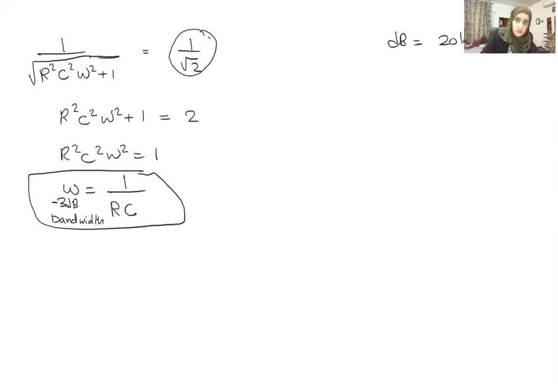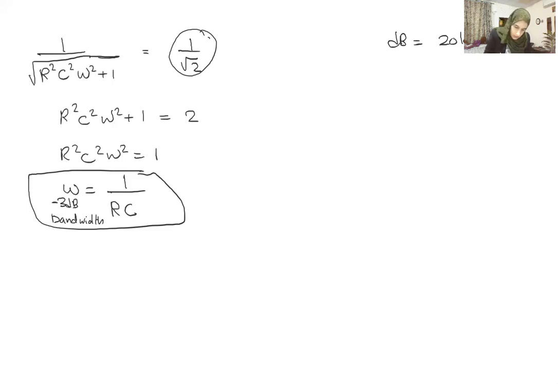So here, 20 log of 1 over square root of 2 will give you minus 3 dB. And this is a very important measure of the amplifier: at what frequency your output signal amplitude will become 1 over square root of 2 of the maximum value.